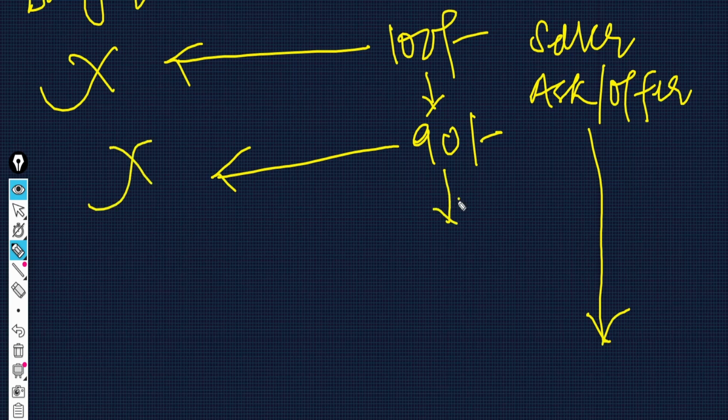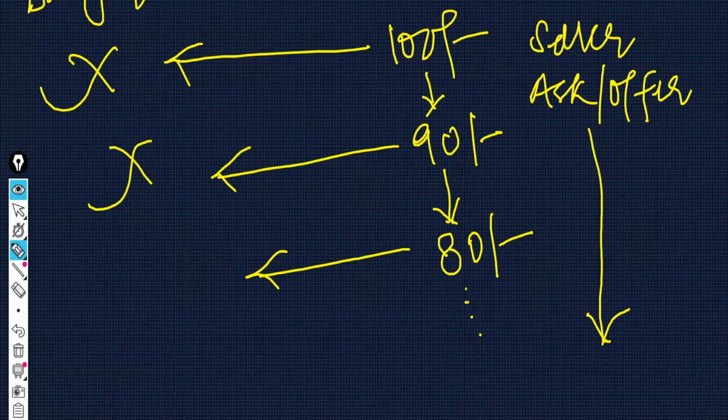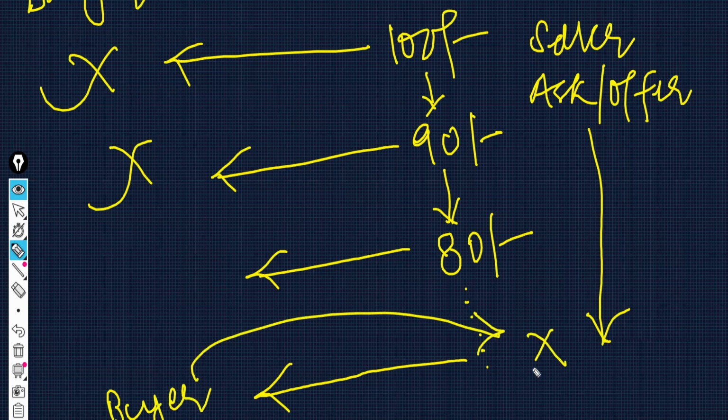So he further dropped his price to 80 rupees, and we'll see if buyers are interested at this price or not. He will keep dropping his ask price until a sufficient number of buyers are interested in buying this product at a particular price.